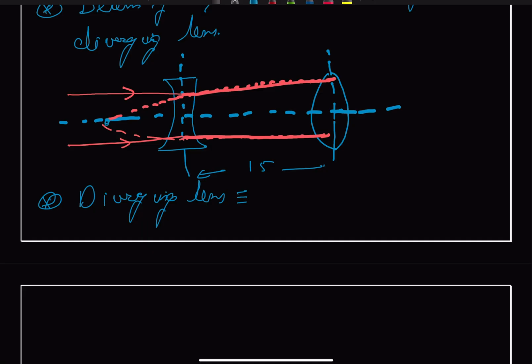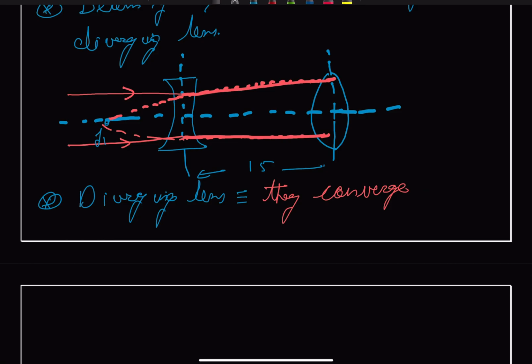So this will be the focus of our diverging lens. So let us call this f1. Because for a diverging lens, they converge as if they converge at the focus.